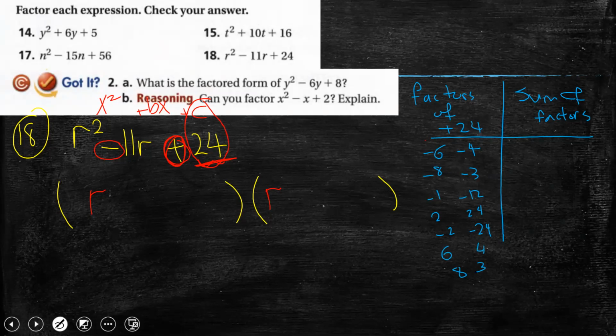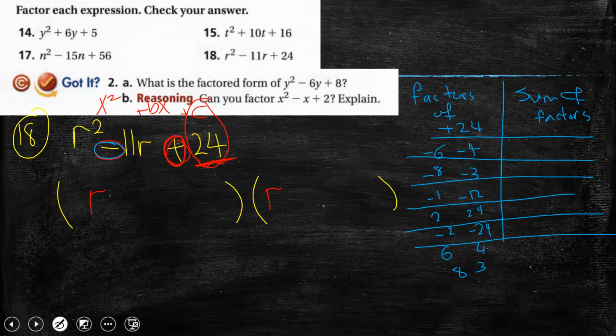All of these are the factors of positive 24. Since the sign of b here is negative, I will look at the ones whose summation is negative. It could be this one, this one, this one, and the last one here, and this one only.